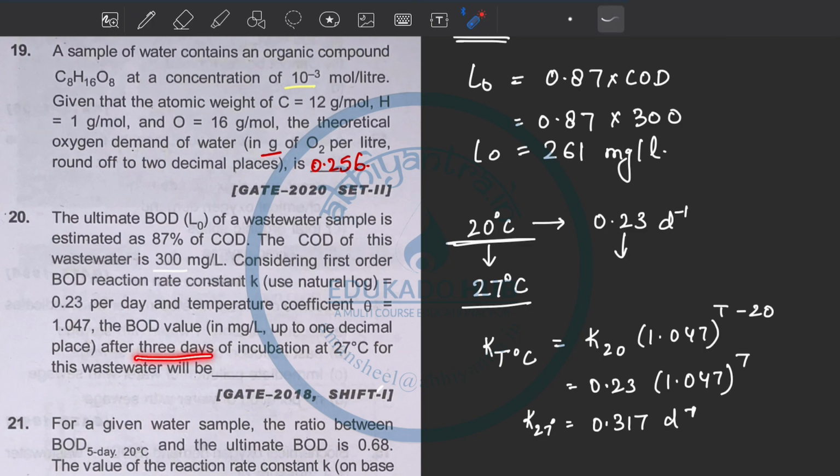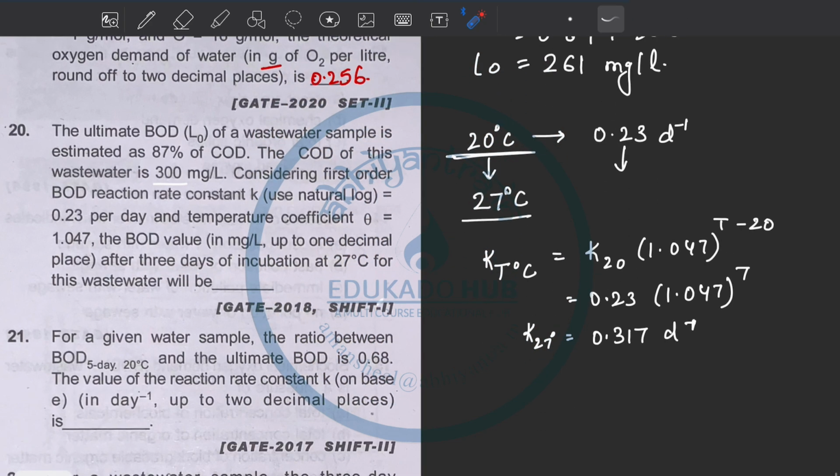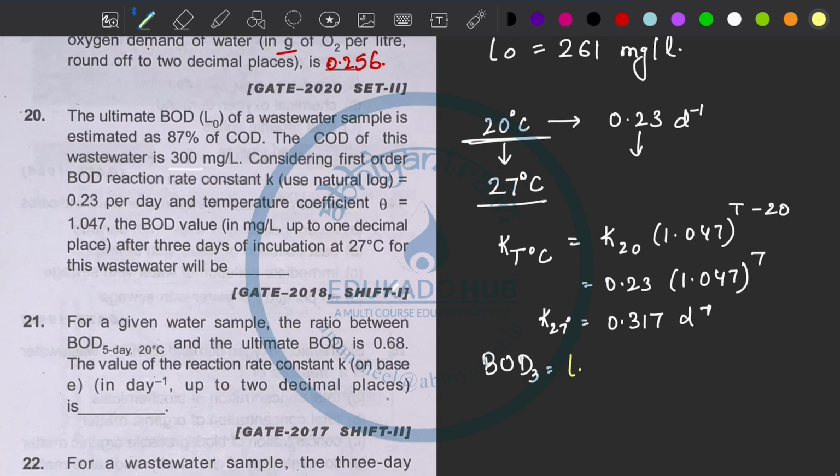Now, they want BOD after 3 days. So BOD3 will be equal to L0, which we have already calculated, times 1 minus e to the power minus k into t. L0 is 261, 1 minus e to the power minus 0.317 into 3.